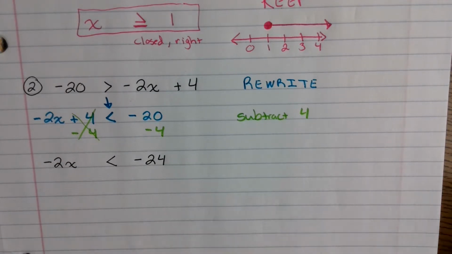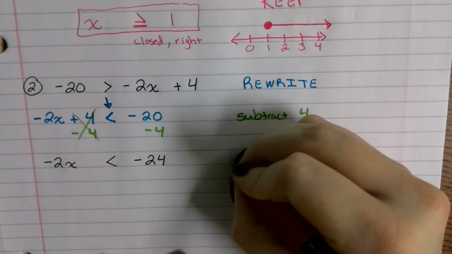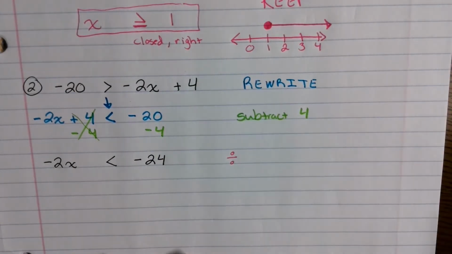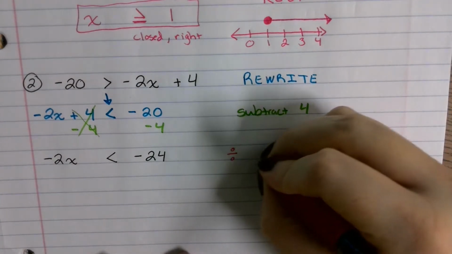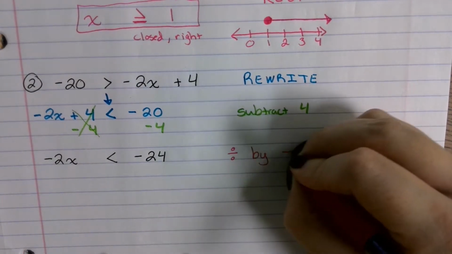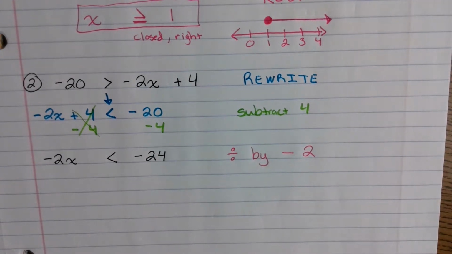From there, what's our next operation that we have to do? Jasmine, division. What are we going to divide by? Not just 2, negative 2. We're going to divide by a negative 2. Keep or flip?